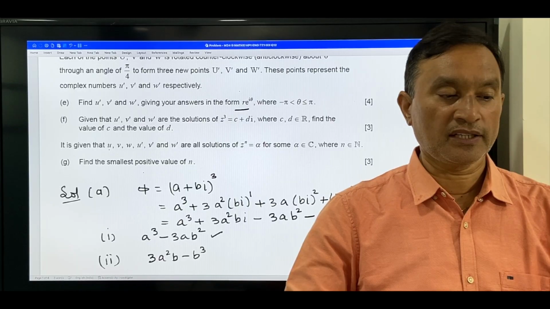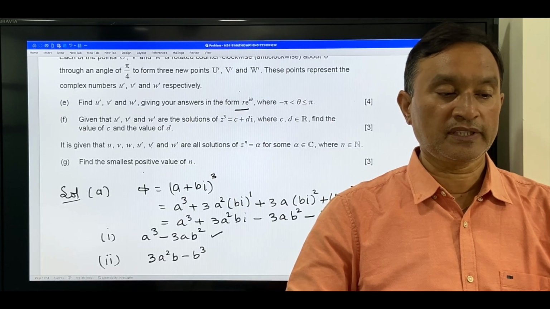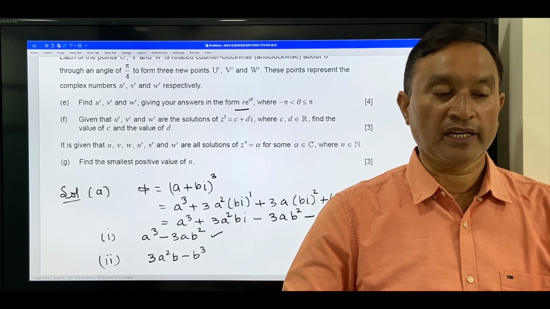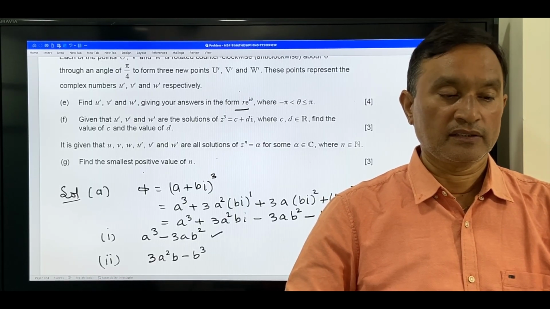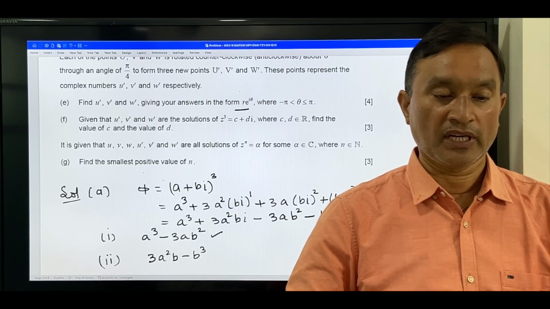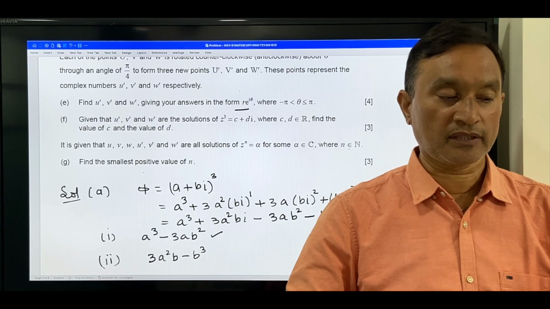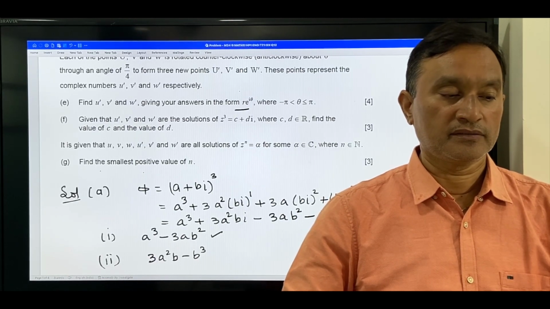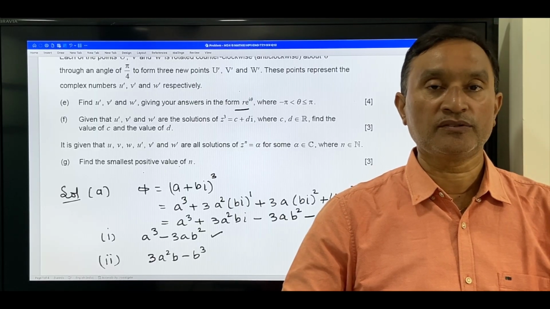It is given that U, V, W, U dash, V dash and W dash are all solutions of z to the power n equals alpha, where alpha belongs to complex numbers and n belongs to natural numbers. G, find the smallest positive value of n.